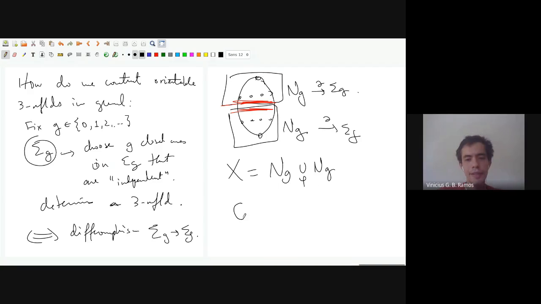So basically, a diffeomorphism of the surface is determined up to isotopy by the image of, say, these curves like this. If you look at their image, that determines the phi up to isotopy. Okay, so this is the Heegaard decomposition.